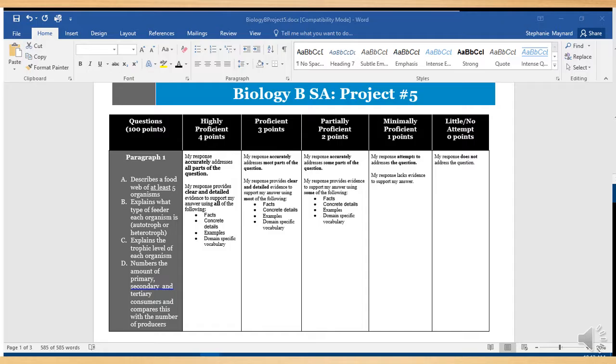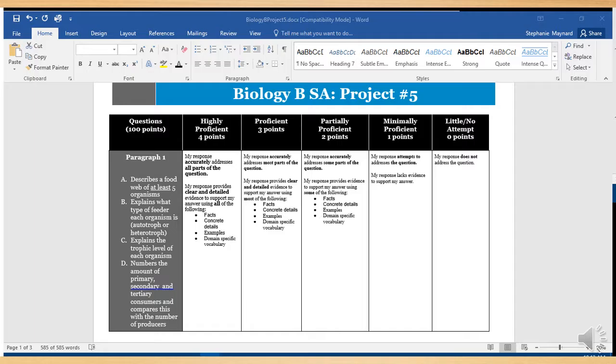Explain what type of feeder each organism is, whether it's an autotroph or heterotroph. Explain the trophic level of each organism, so primary consumer, secondary consumer, that type of thing. Then number the amount of primary, secondary, and tertiary consumers and compare that with the number of producers. That'll make more sense when you get to that project, but these are all the things we want you to include in that first paragraph.